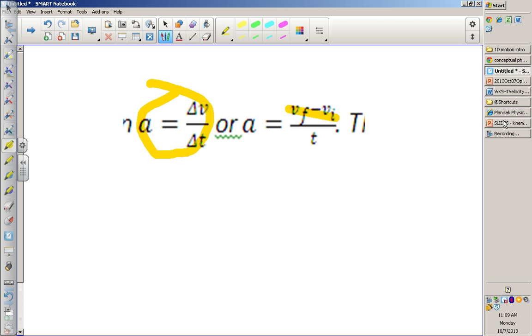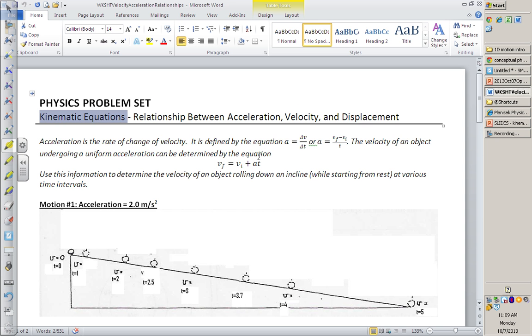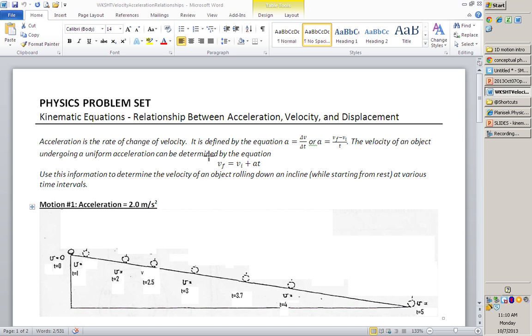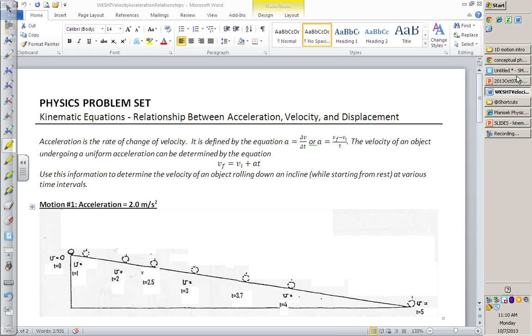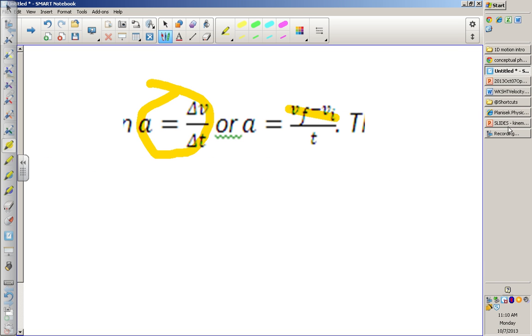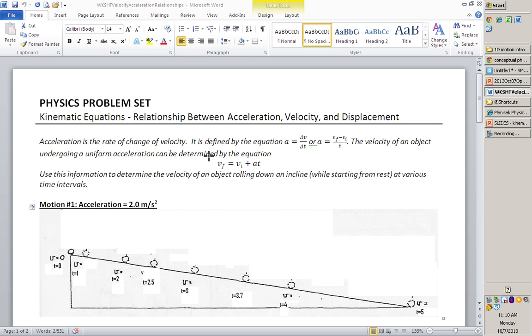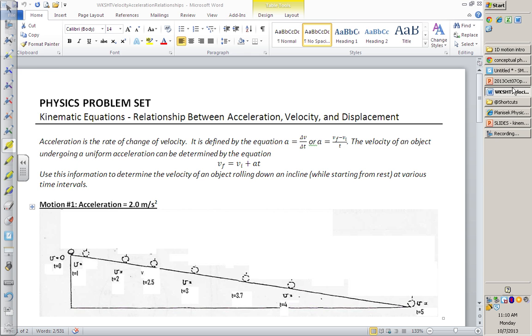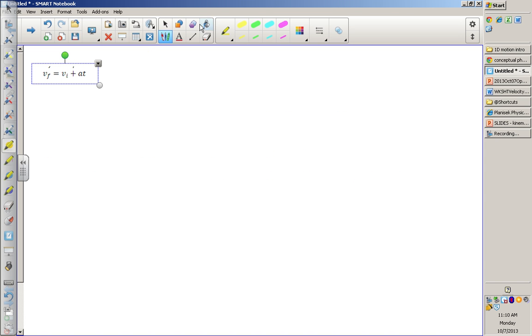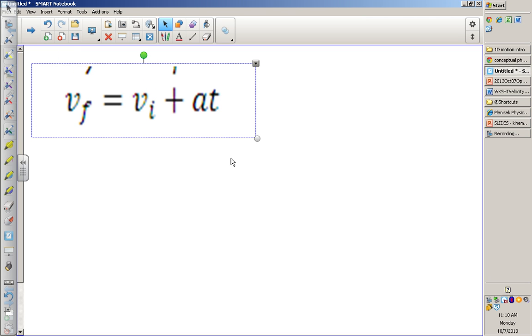Rearranging that equation, we end up with this expression where we can determine the speed of an object at any particular moment in time if we know how it started, what its acceleration value was, and how long it accelerates at that rate.